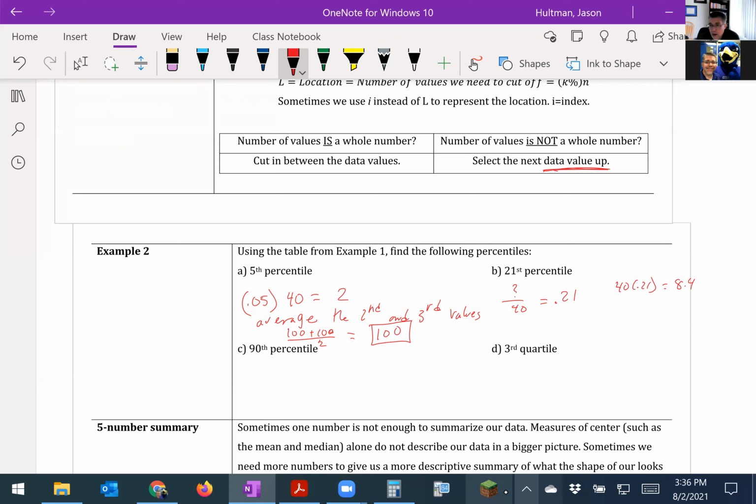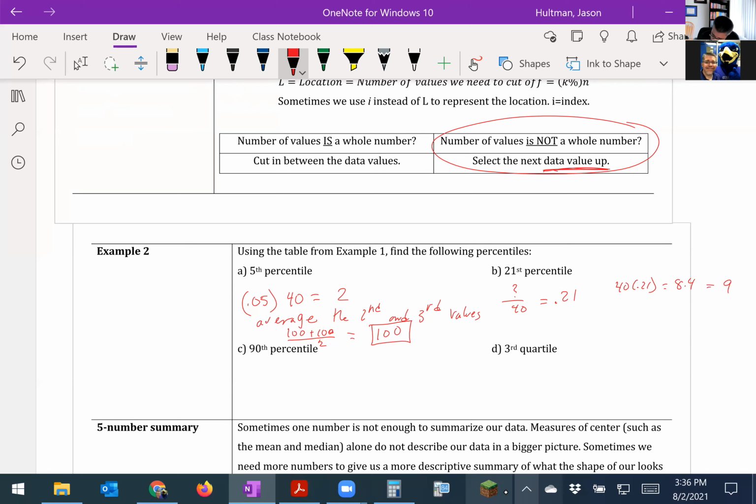And now again, I'm going to go to the next value. If the value is not a whole number, criteria number 2 here, then I go up to the next integer. So the next integer here is 9.